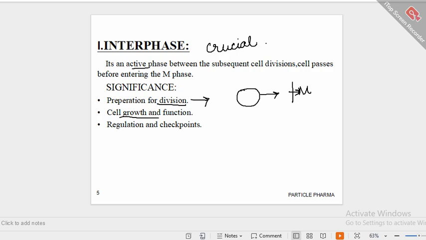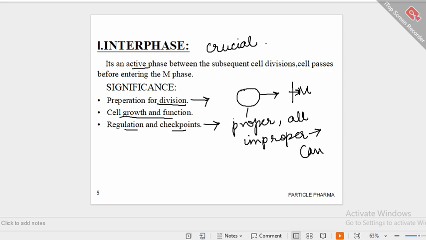Next, it will look after the cell growth and function along with regulation and checkpoints. What these checkpoints will do is check whether the cell is proper to divide and the cell is getting all the nutrients for division, and that there is no improper cell division. Otherwise, it leads to the formation of cancer cells or tumors.